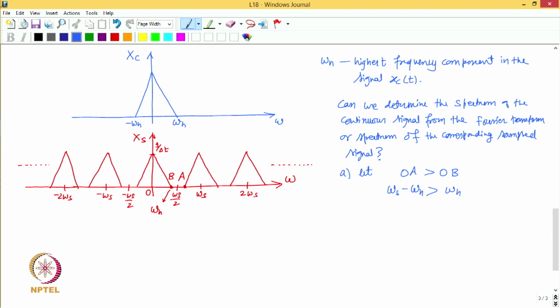This can also be written as omega s is more than twice omega h.